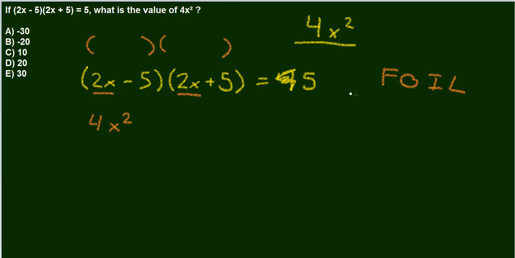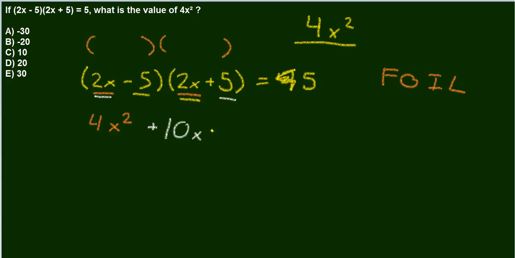Now it's telling us to multiply outer. First were the first terms. Outer means this term and the other outer term, so the outermost from the center. So 2x times 5. I think that's going to get us 10x. I think that's beyond dispute. Now it's saying inner, pretty simple.